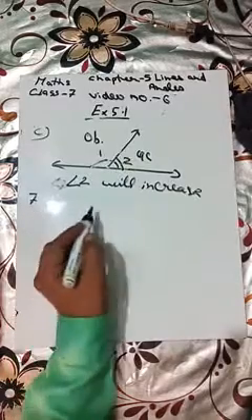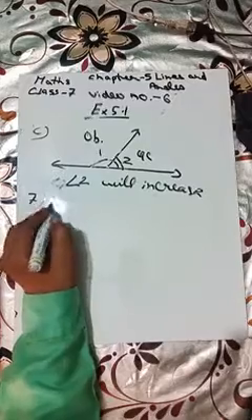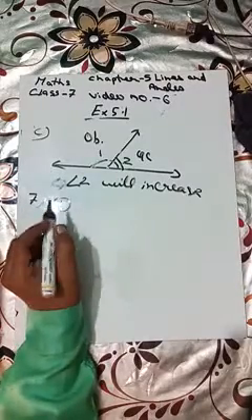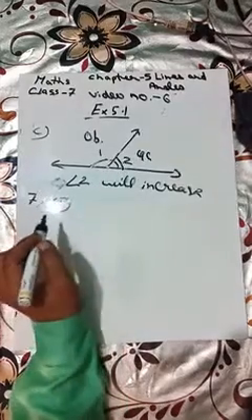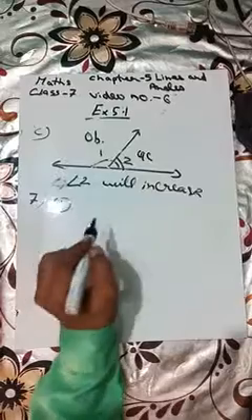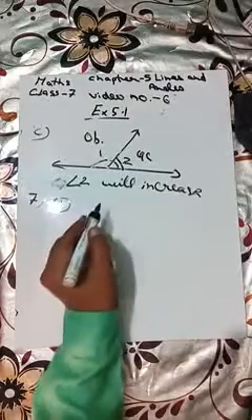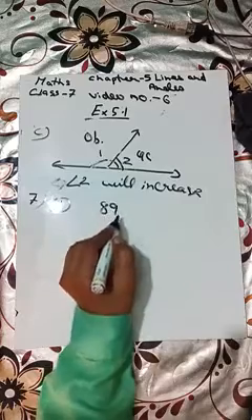Suppose both are acute, meaning they are supplementary, one is acute, the other is obtuse. The question is, if both are acute, acute means less than 90. So let's take both as 89.